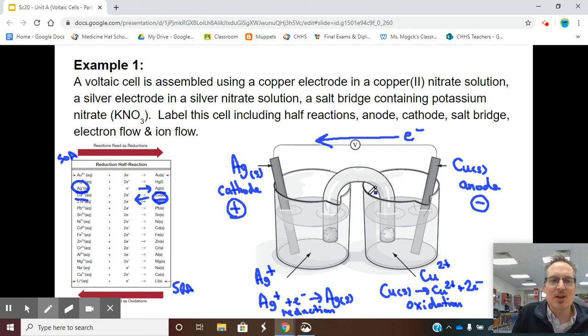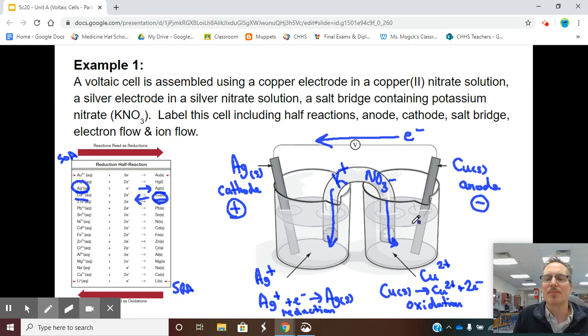Now, in my salt bridge, they told me it's going to be potassium nitrate. So I'm going to put potassium ions in here and nitrate ions in here. And remember goofy rule number 4, cations, positively charged ions, always go towards the cathode. Nitrate, negatively charged, always goes towards the anode.